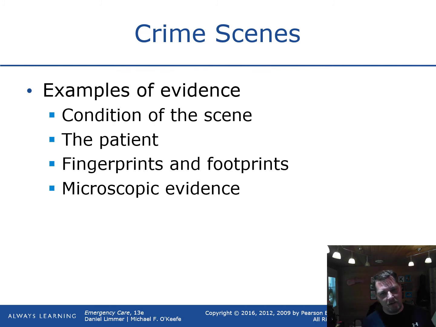Other things that we need to be aware of, if it's not going to impede patient care, then what I will do, especially like on a sexual assault, I will fold a sheet out on the cot and burrito that patient up. That preserves any kind of evidence that may still be on the patient, fingerprints, anything like that. Always wear gloves. Standard precautions apply.